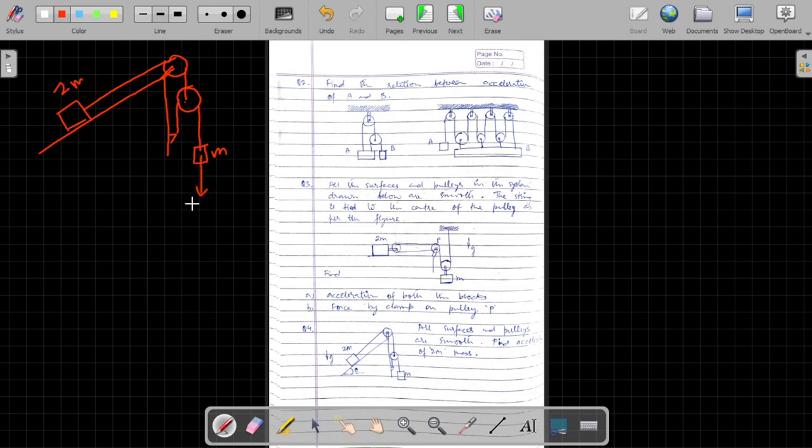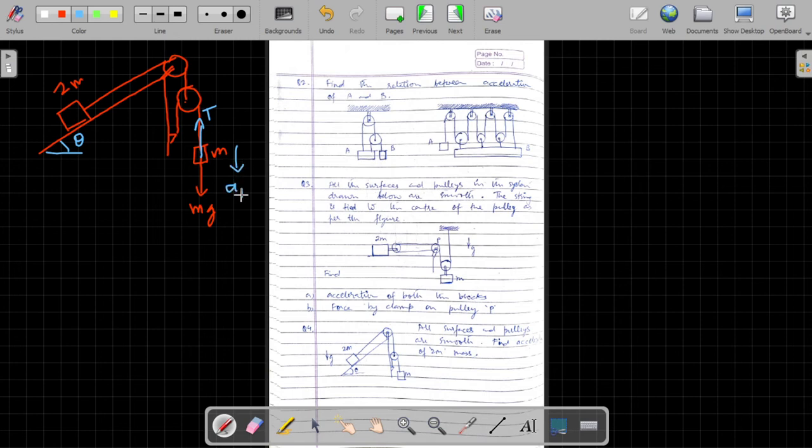So what are the forces acting on the block of mass m? The gravitational force and the tension force T. These are the two forces acting on the block of mass m, and the angle of inclination is also given to us. It is some theta. Now let's say the acceleration of mass m is in some downward direction.